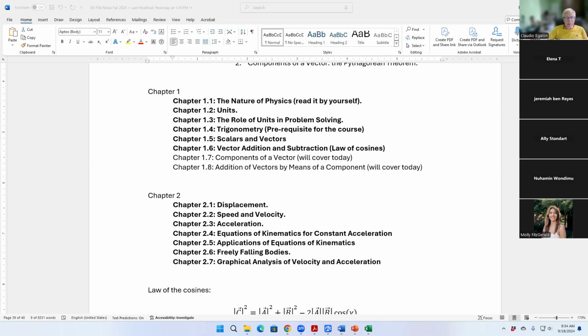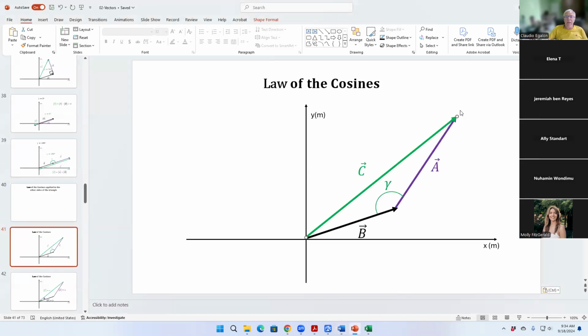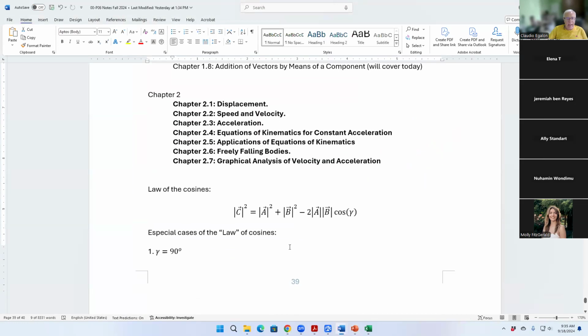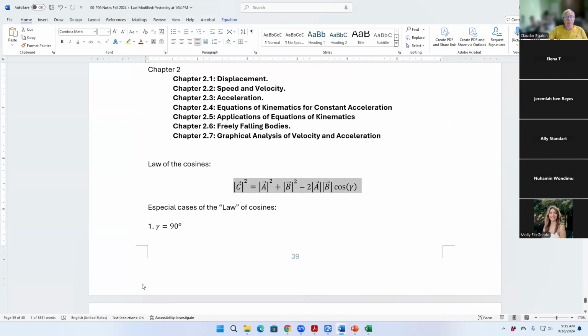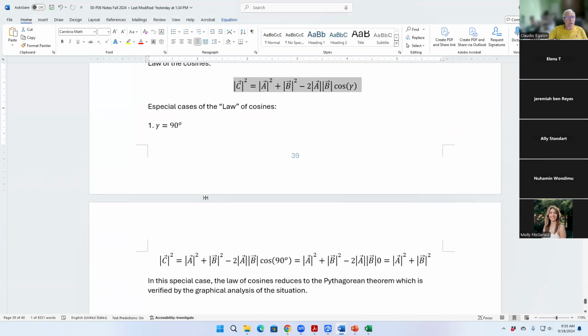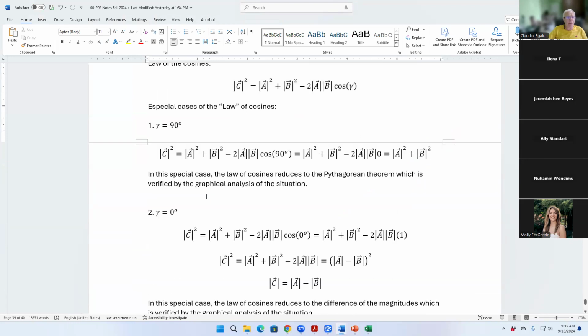If C is the summation of A and B, the length of C is related: the square of C is equal to A squared plus B squared minus 2AB cosine of gamma. Just like I have the formula right here.